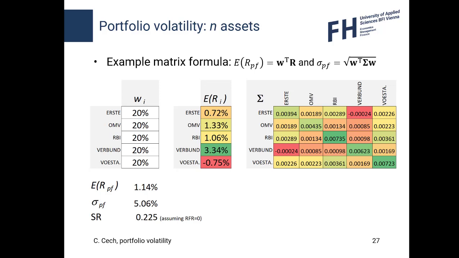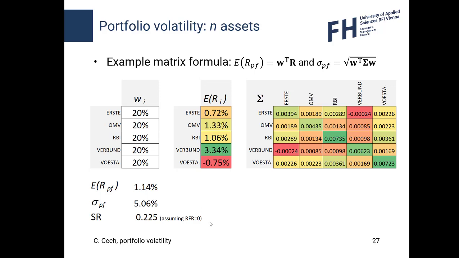The expected return for our equally weighted portfolio based on these estimates for the input parameters is 1.14% for monthly returns, and with a volatility of a bit more than 5%.